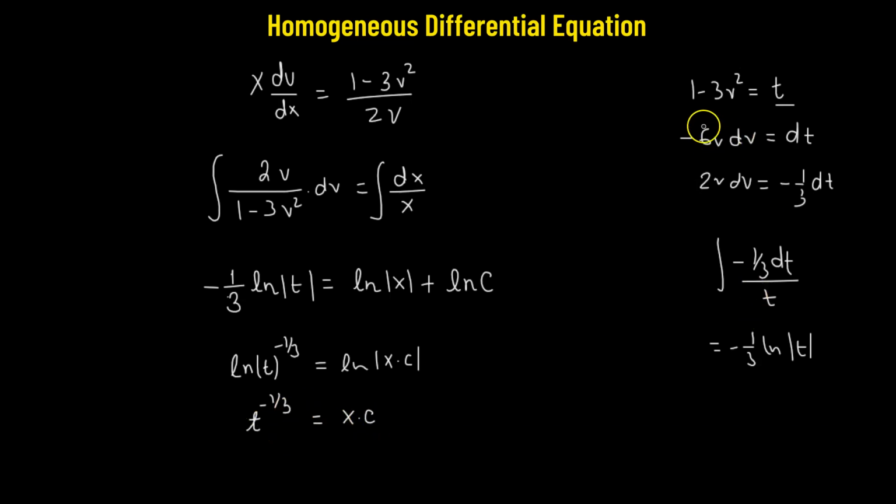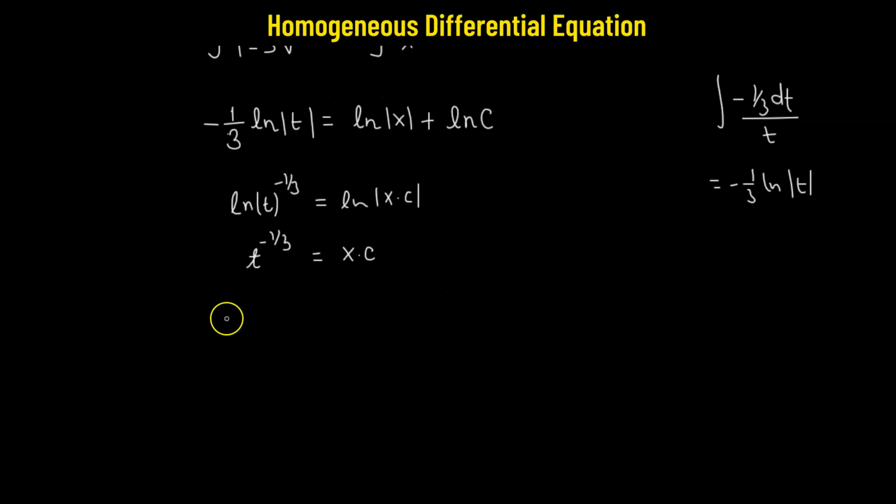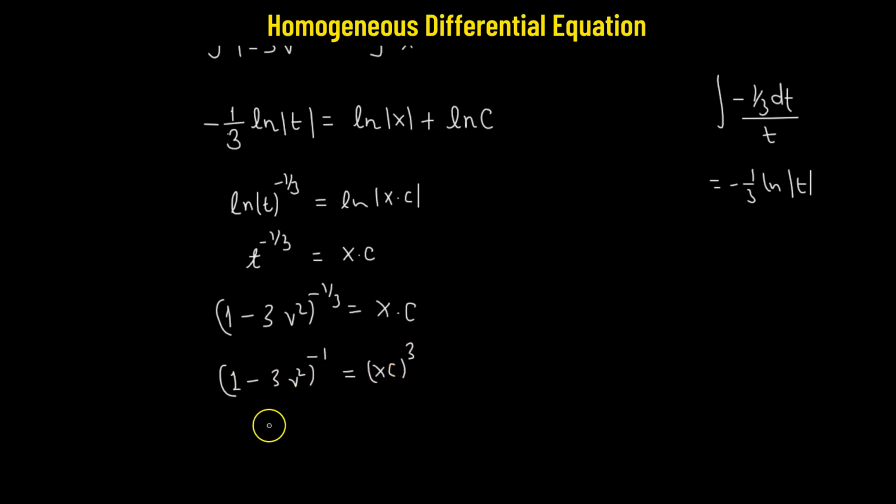So here t is 1 minus 3v squared. We need to replace it, where (1 minus 3v squared) raised to the power of negative 1/3 equals x times c. If we take the cube on both sides, we have (1 minus 3v squared) raised to the power of negative 1 equals (x times c) whole cube, or simply 1 minus 3v squared equals 1 over (x cubed c cubed).